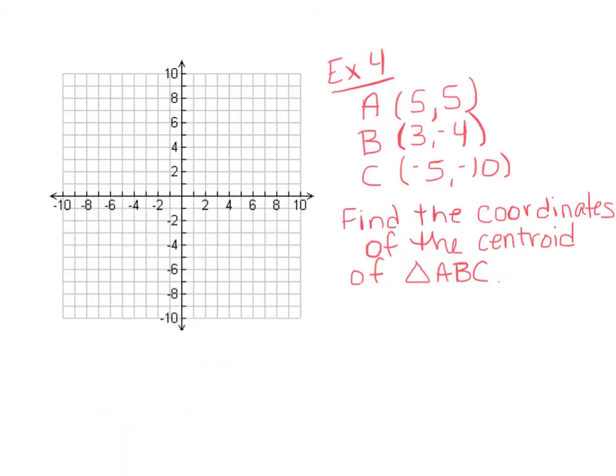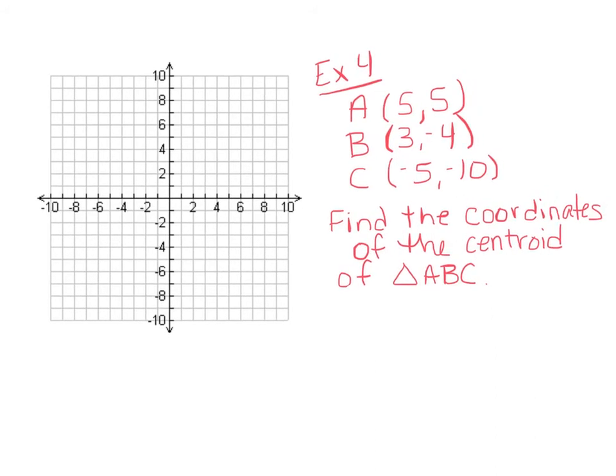Let's look at example number 4. Example number 4 says to find the coordinates of the centroid of triangle ABC, and the vertices of triangle ABC are given to us as coordinates. So let's first take a look at what this looks like if we plot the points and connect them. So we have 5, 5 is A, 3, -4 is B, and C is -5, -10.